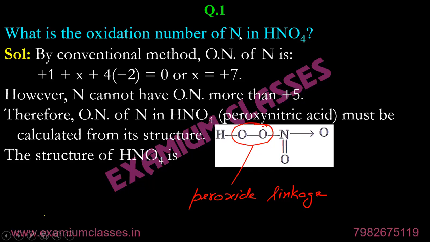Due to this, the oxygens which are in the peroxide linkage will have oxidation state -1, not -2. The oxygens which are not in the peroxide linkage will have -2. Now you can calculate the oxidation state of nitrogen using this structure.